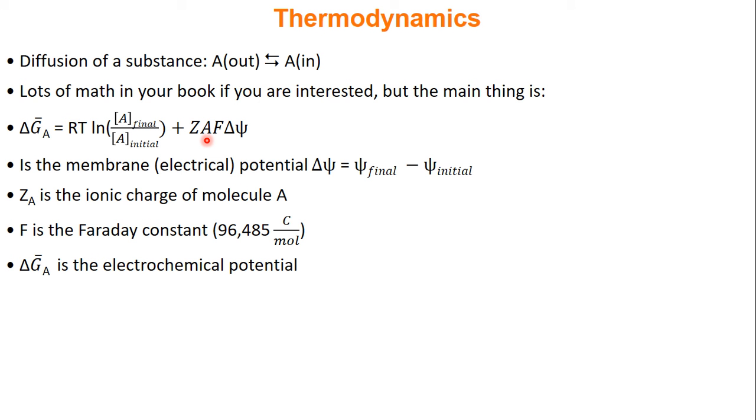ZA is the charge of molecule A. So, for example, sodium is 1, chloride is -1, multiplied by Faraday's constant and the electrostatic potential. That is, what is the charge of where you ended up minus the charge of where you came from. All right. So let's look at a problem that deals with this equation.